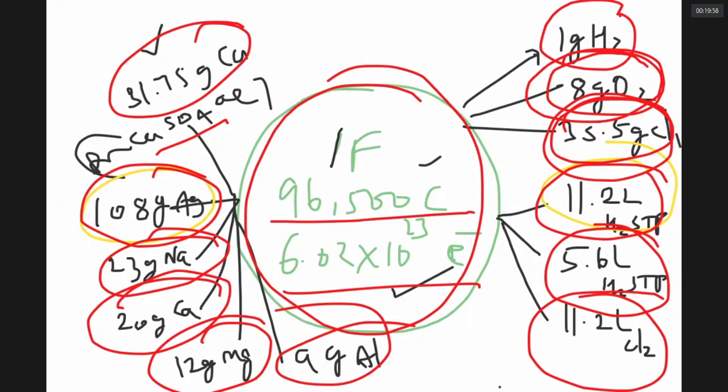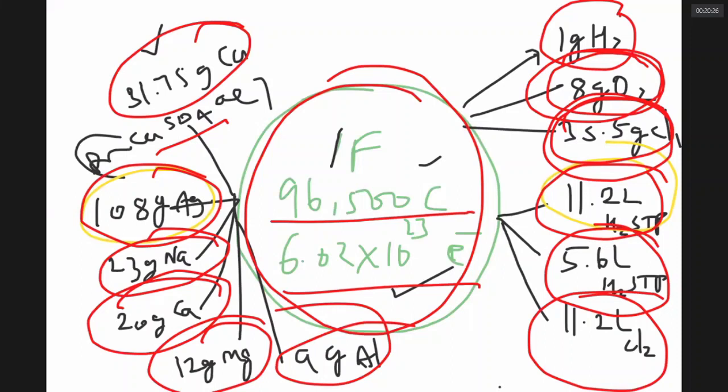I know 11.2 liters of hydrogen corresponds to 1 gram, that is 1 equivalent weight. The same 1 equivalent weight of sodium I will get. For 11.2 liters of hydrogen, I can also get 23 grams of sodium electrolyzed using molten NaCl. Any problem, sir? No, sir.